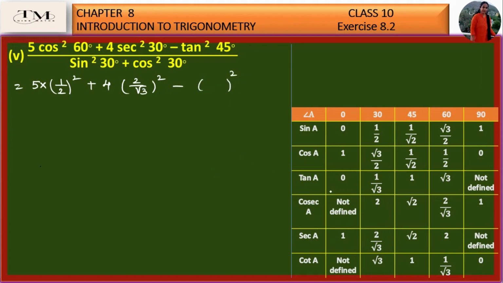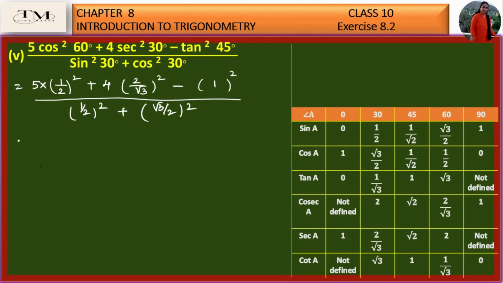So what is tan 45? Tan 45 is 1. So 1 square, divided by sin square 30. So what is sin 30? Sin 30 is 1 by 2, plus, what is cos 30? Cos 30 value is root 3 by 2.